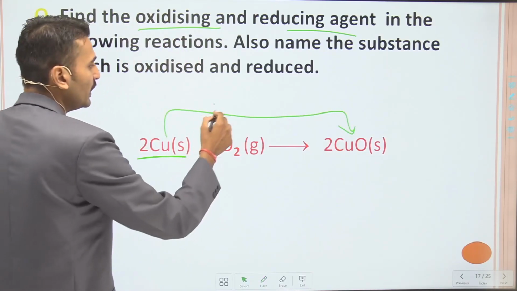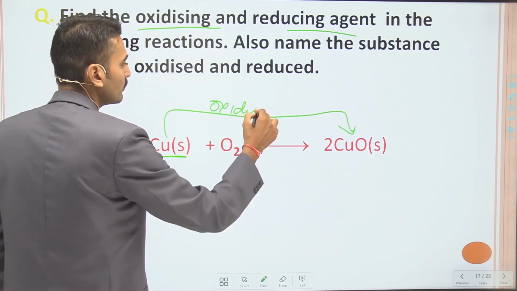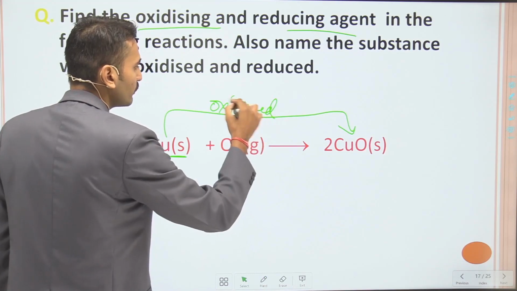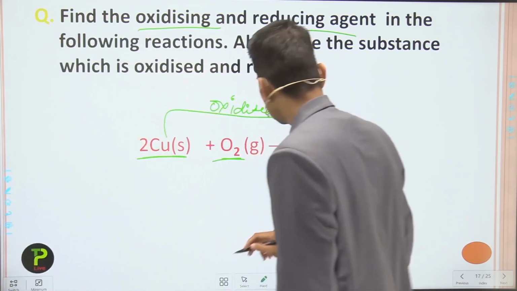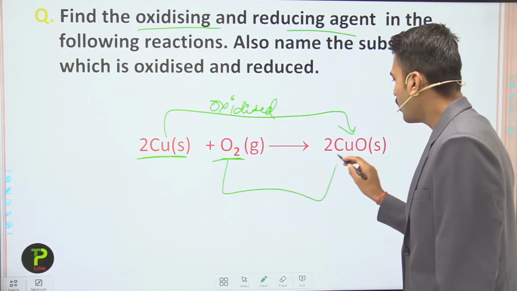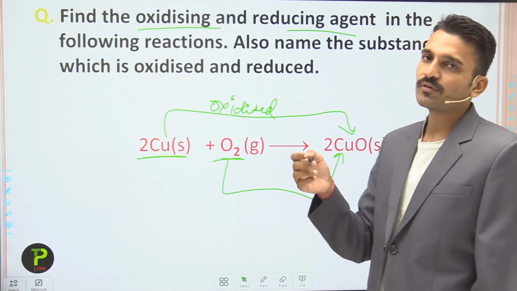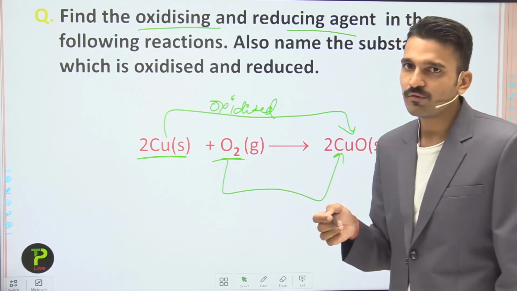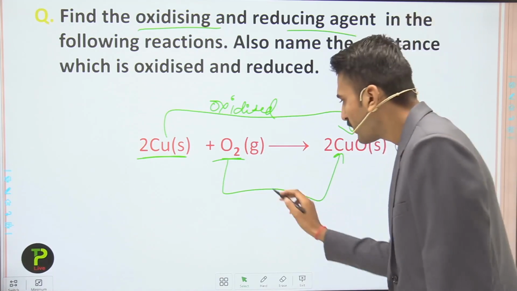So copper is being oxidized here, while the oxygen is adding to copper, and copper is an electropositive element. So addition of an electropositive element is a reduction.